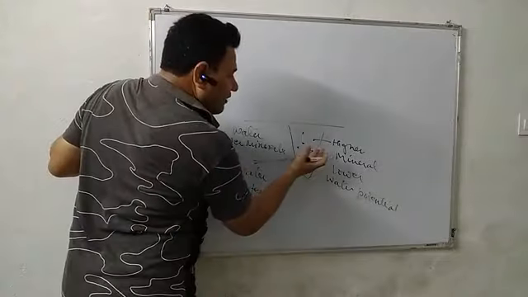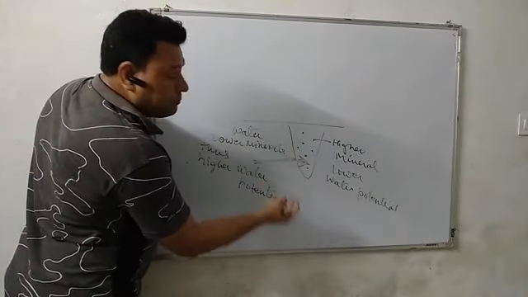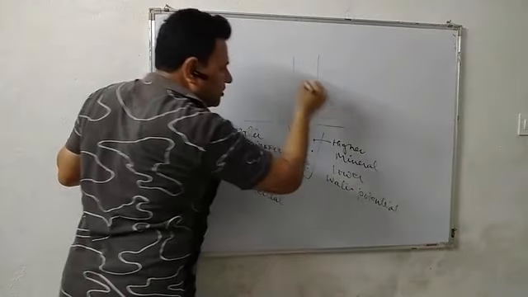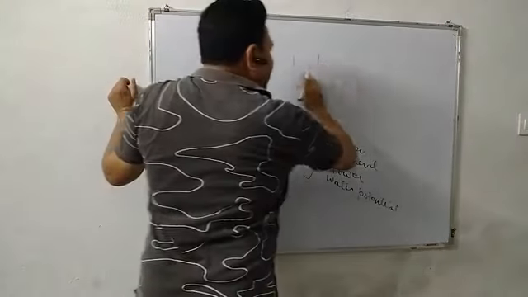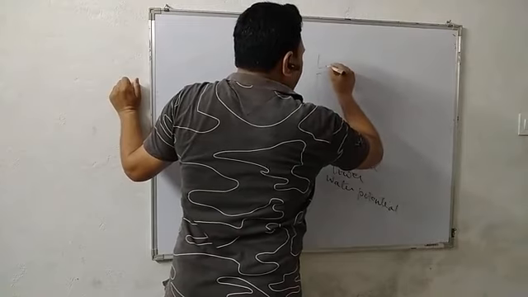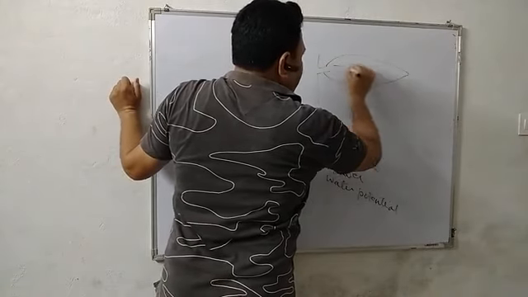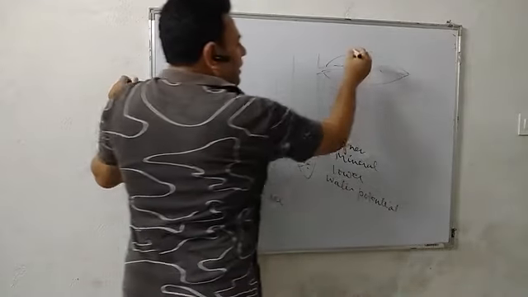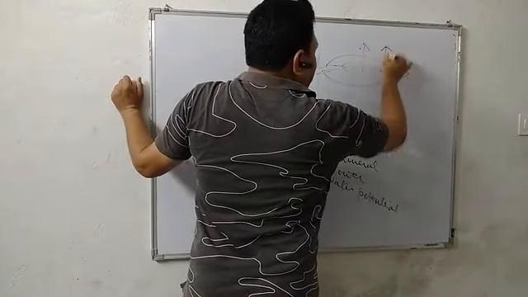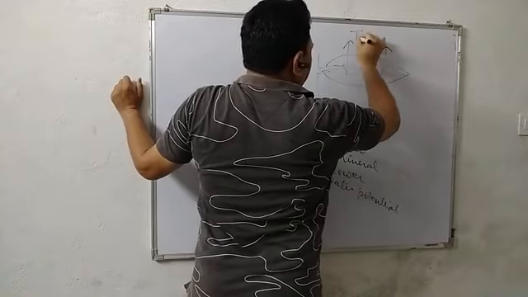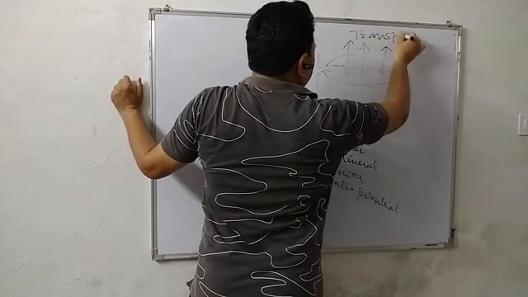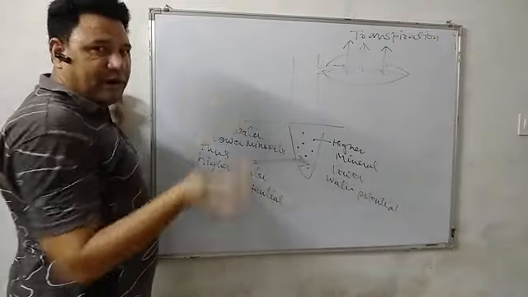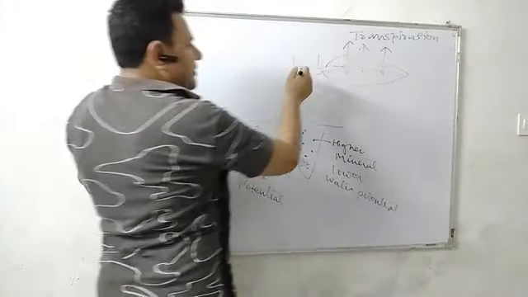Because of this, now this root will push water into the stem. And together with the stem, a leaf is attached, and transpiration is taking place from here. So transpiration means loss of water. So water deficiency will be there.